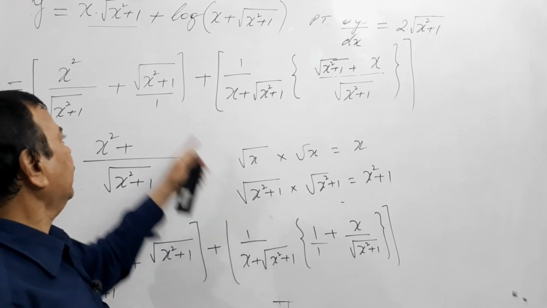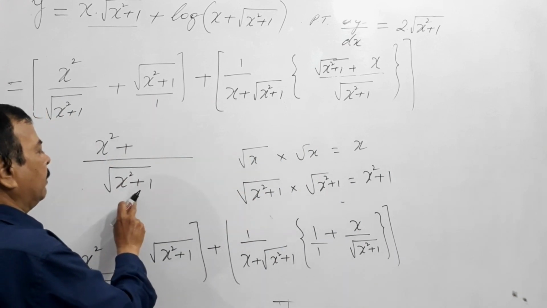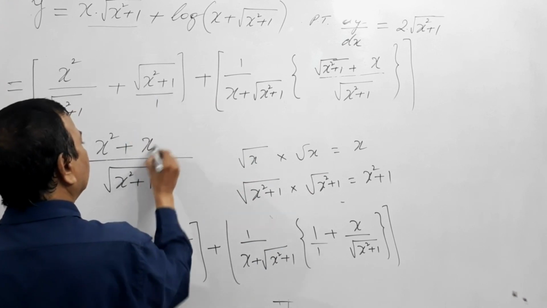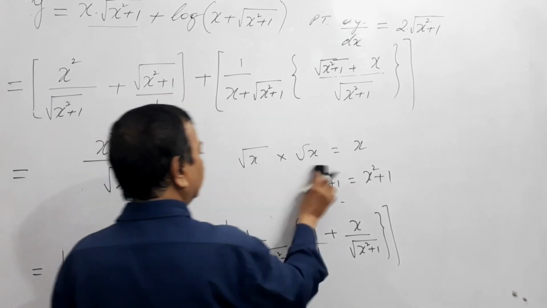So once we multiply, so what happens here? It goes under the root x square plus 1 times. So x plus under the root x square plus 1, multiply this and this becomes x square plus 1, the root vanishes off. So the root is gone.